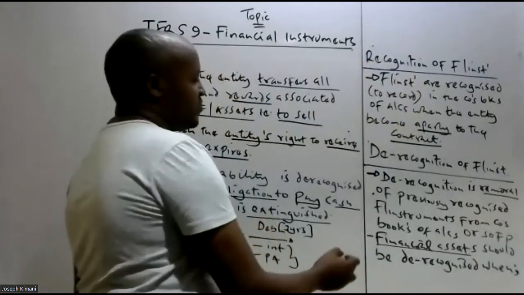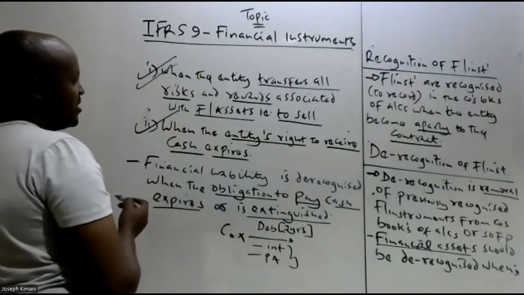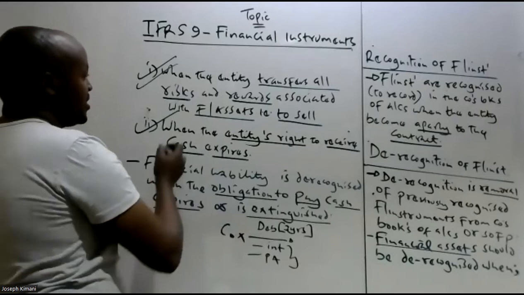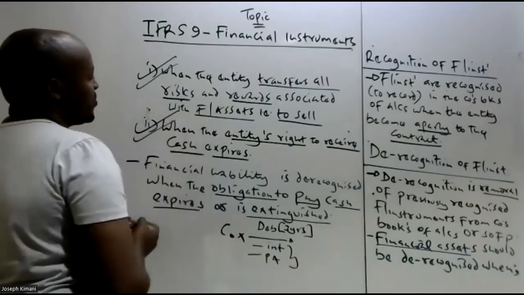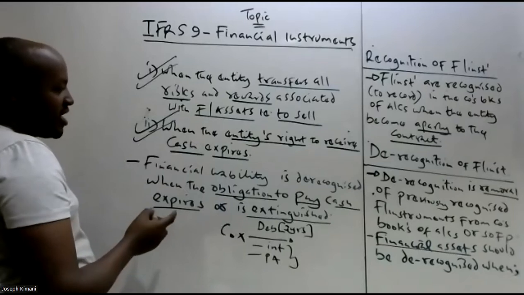In this case, we have 2 criteria of derecognizing a financial asset: when the entity transfers all the risks and rewards associated with the financial asset, and when the entity's right to receive cash expires. So those are the 2 criteria.